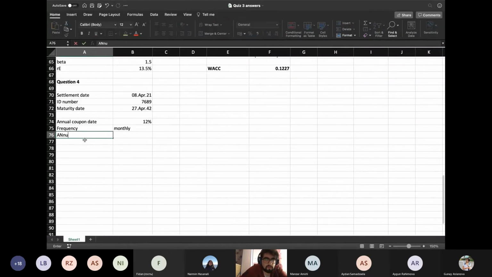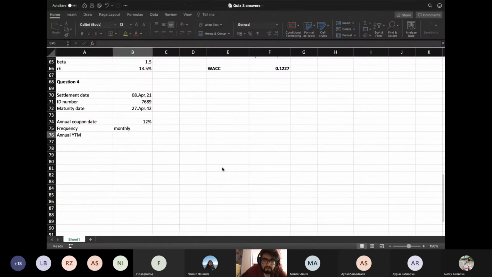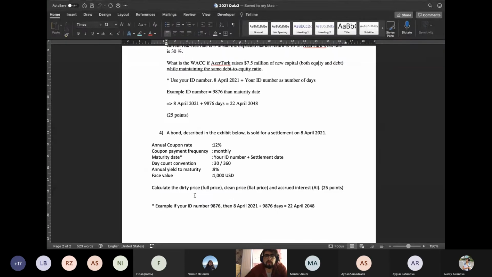Annual 8%, 9%, and face value 100,000. Dirty price, clean price, and accrued interest.